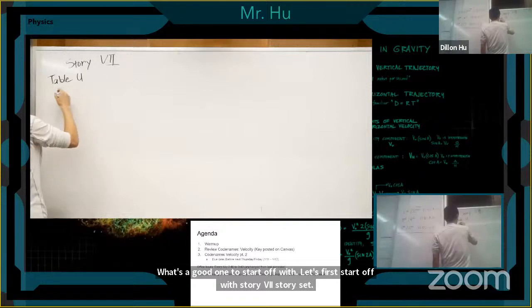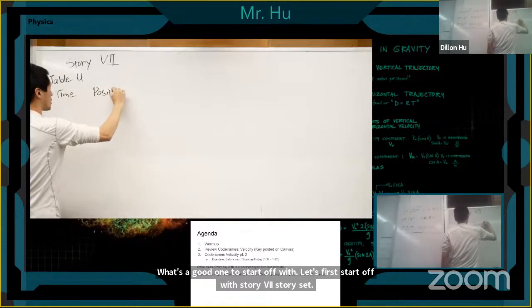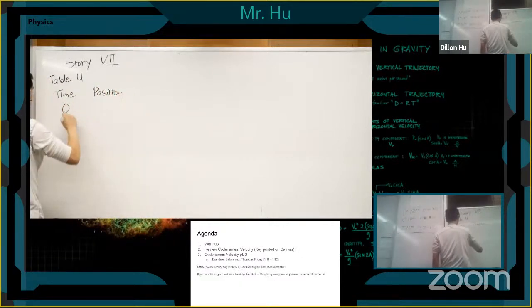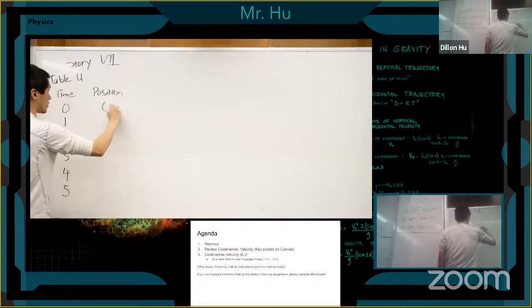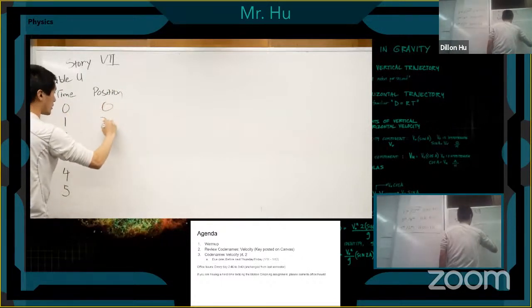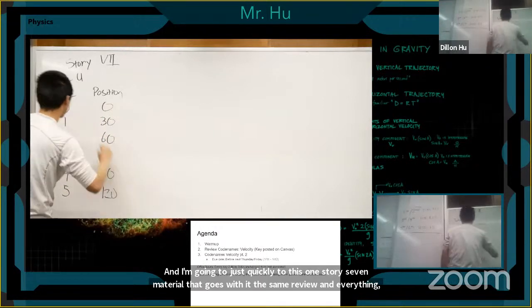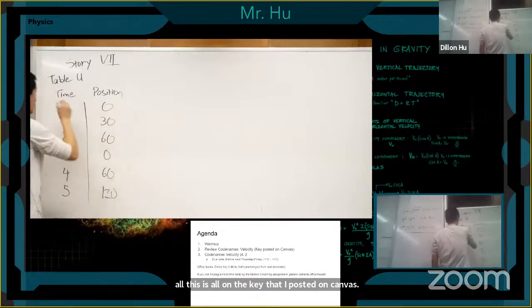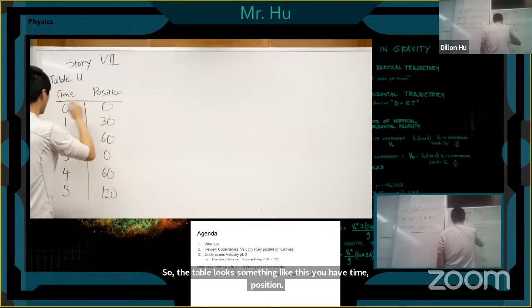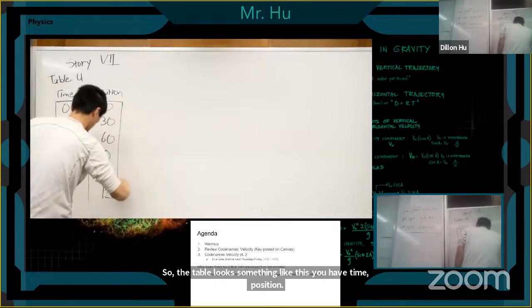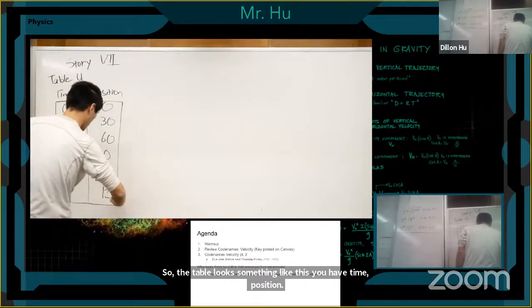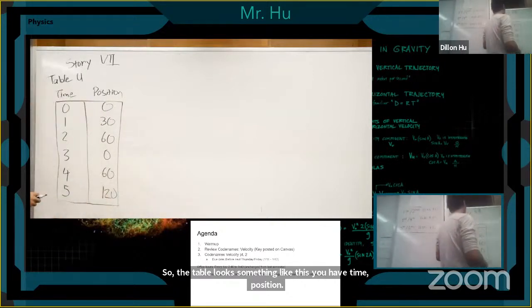So the table looks something like this. You have time and position: 0, 1, 2, 3, 4, 5 and 0, 30, 60, 0, 60, 120. Okay.